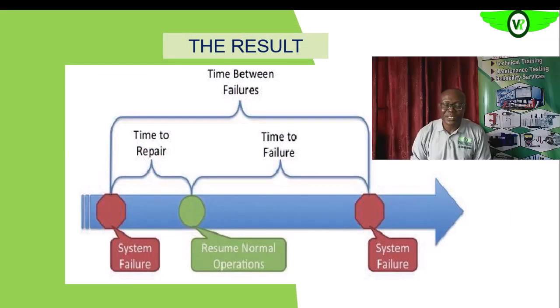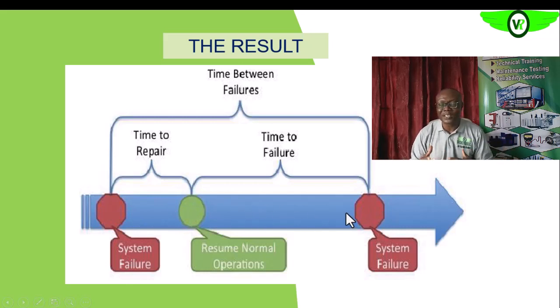So when our maintenance strategy is optimized, you will see that one, the time to repair will reduce. The time to repair will be reduced because most of the maintenance programs that we will be carrying out will be planned maintenance programs. And once the time to repair is reduced, the availability, the time between failures, will increase.